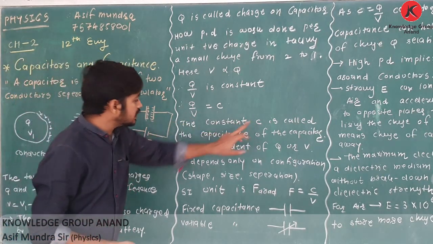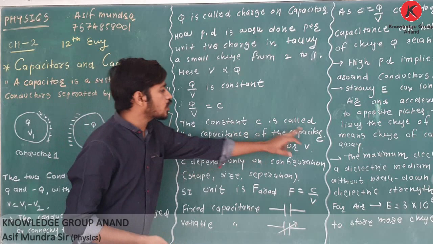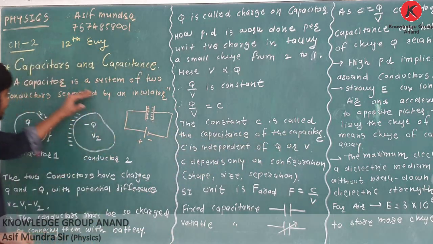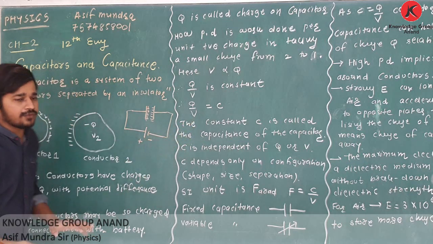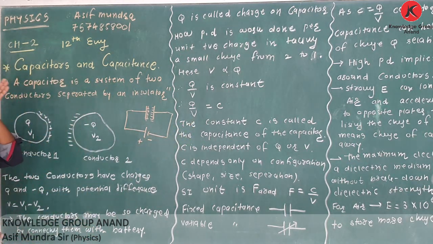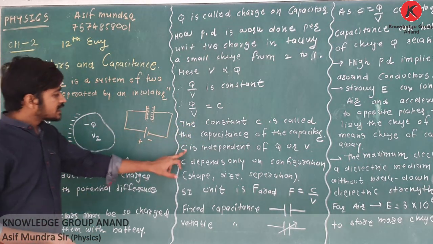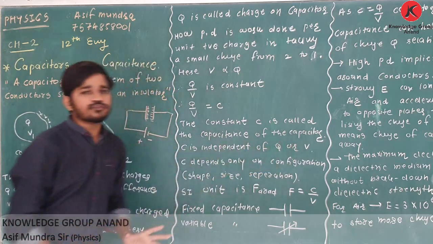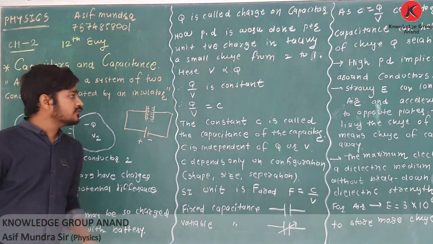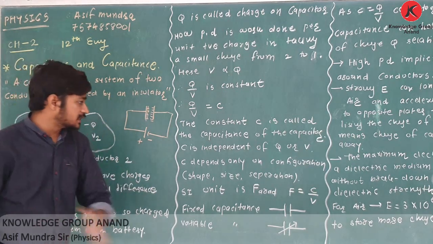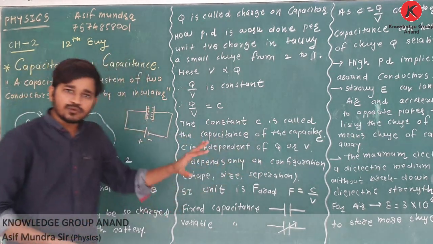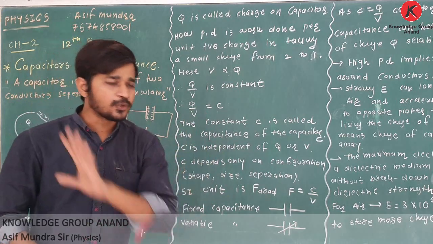The constant C is called the capacitance of the capacitor. C is equal to Q upon V, the capacitance of this system. C is independent of Q or V. It depends on shape, size and separation, that is, configuration. That we will prove.